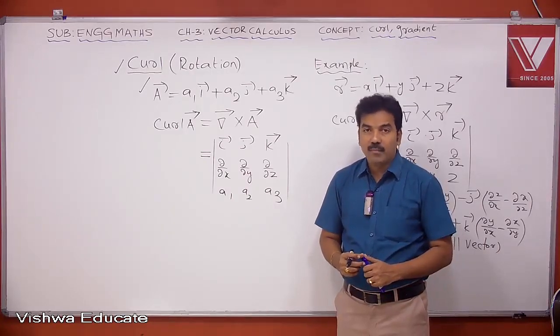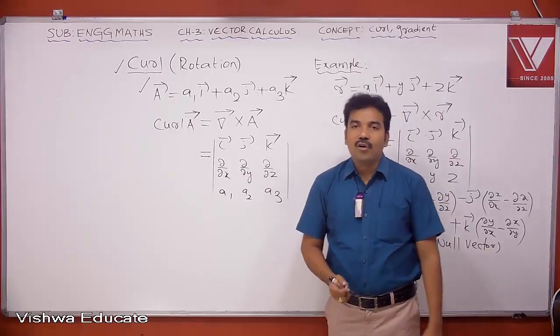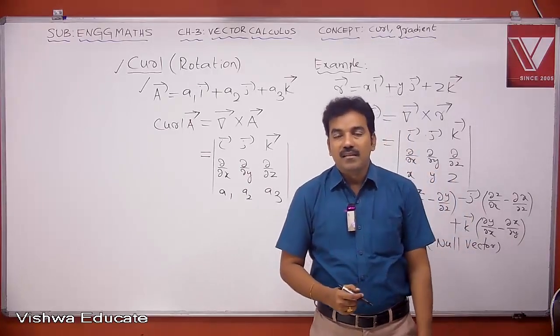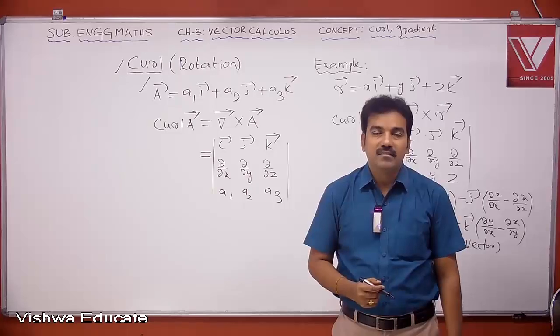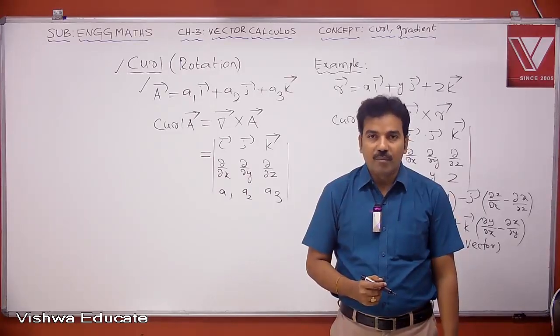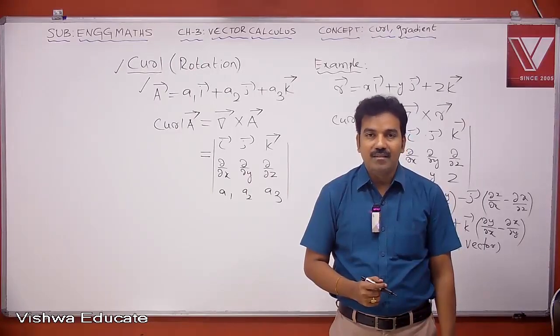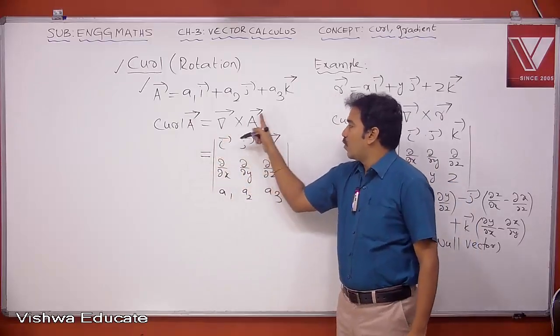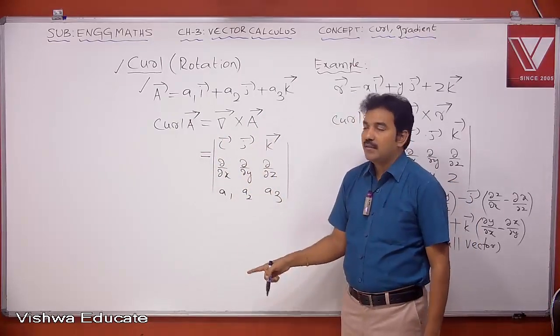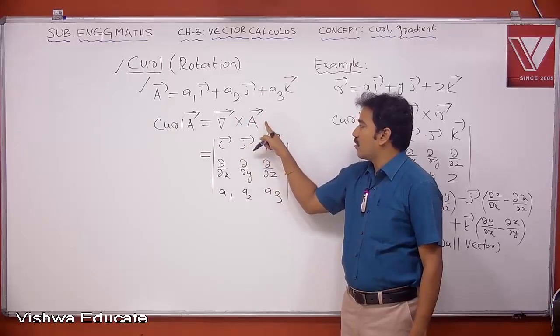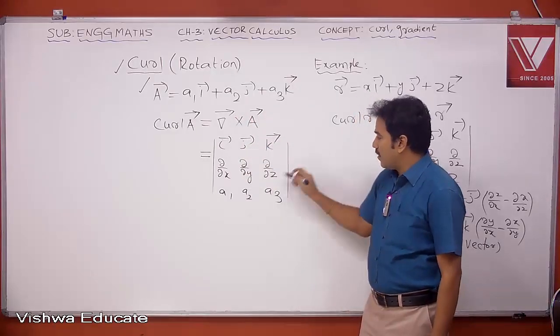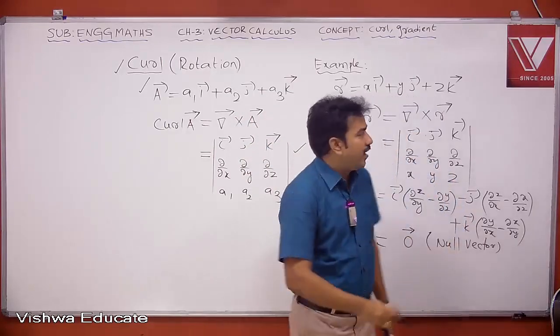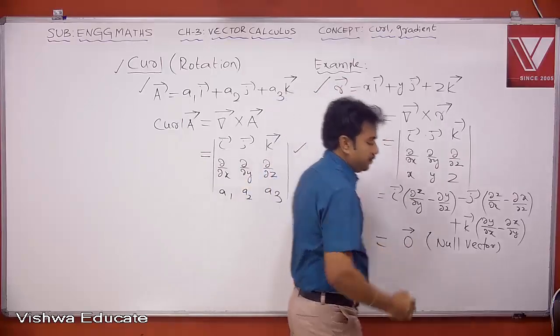So the curl of a bar is denoted and defined as curl a bar equal to del bar cross a bar. So write this determinant followed by this example.